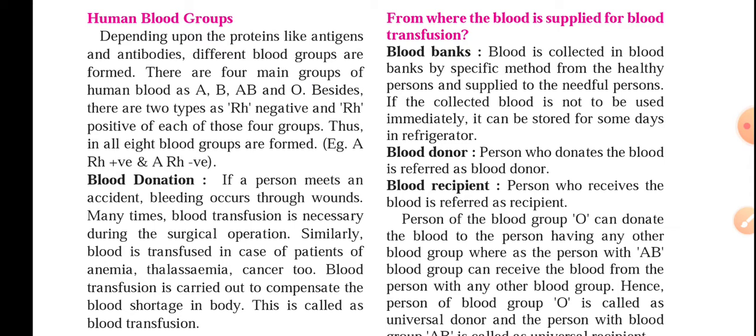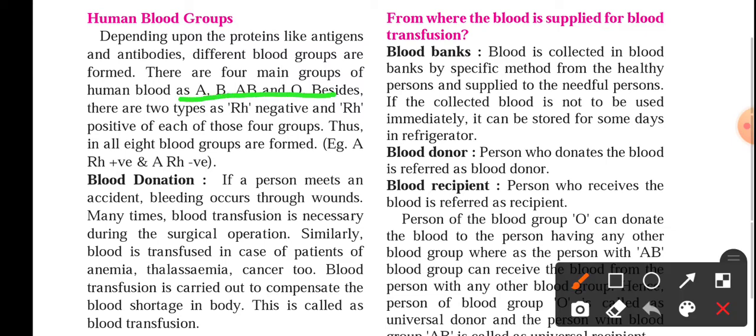Human blood is mainly divided into groups called A, B, AB, and O. Besides this, there are two more types, Rh negative and Rh positive, of each of these four groups. Thus, in all, 8 blood groups are formed.